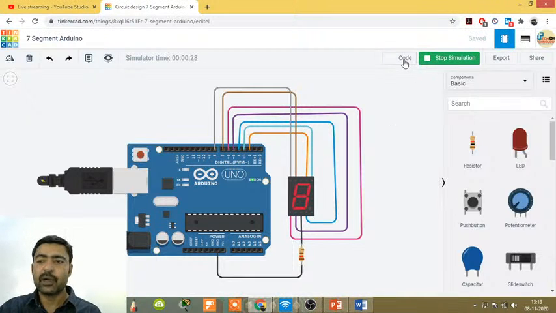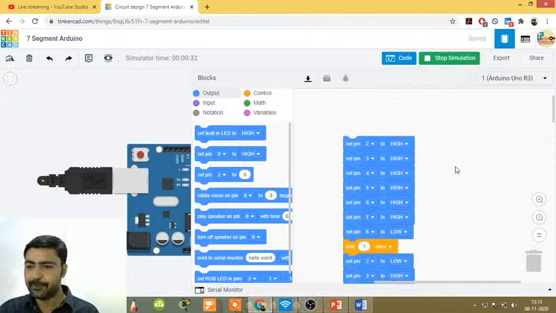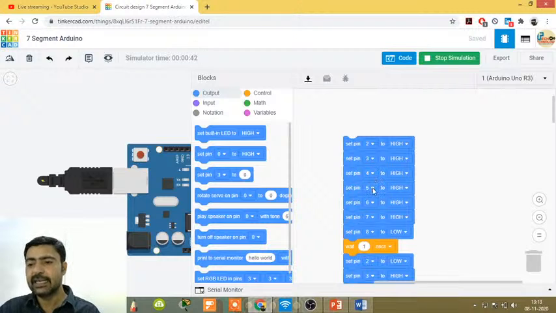Internally, if we need to display 0, we need to make all the LEDs high. Pins 2 to 7 are connected to A, B, C, D, E, F, except G. In the first 7 blocks we kept all the blocks high except this 8 block, which is connected to pin number 8. This is digital pin 8 connected to the G pin.